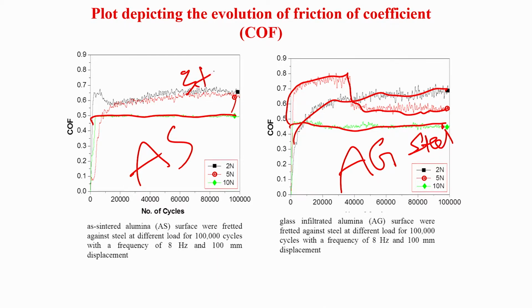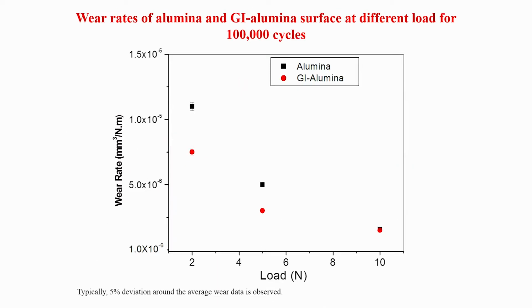And this is the case for the steel as a counter body material, and whatever data we have presented in the table, you can see how it is also plotted against the load. So for glass infiltrated alumina, the wear rate is reduced with load.